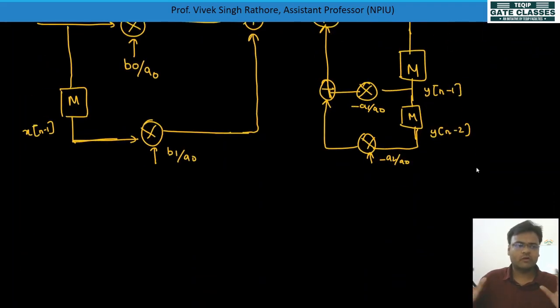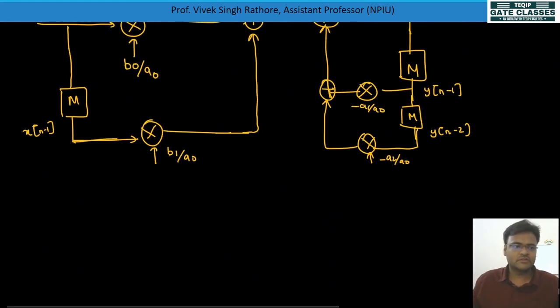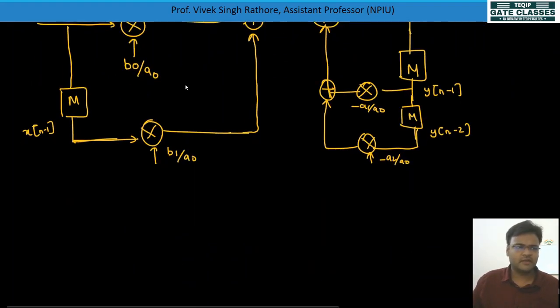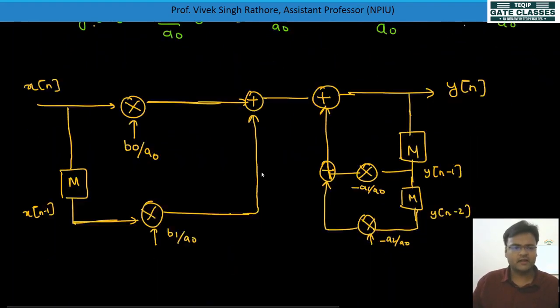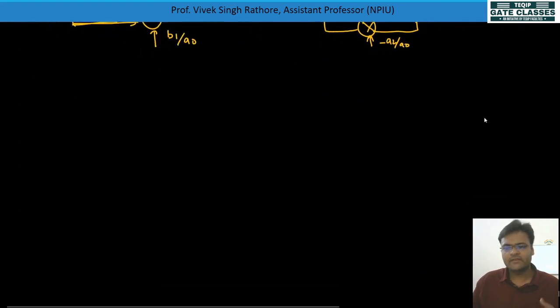So this block diagram is the physical realization of this difference equation. This is actually the original system which we see in plants and all. Input is there, output is there, and in between some delay factors, some multiplication factors and some additions are there, and then we get the output. Very easy.